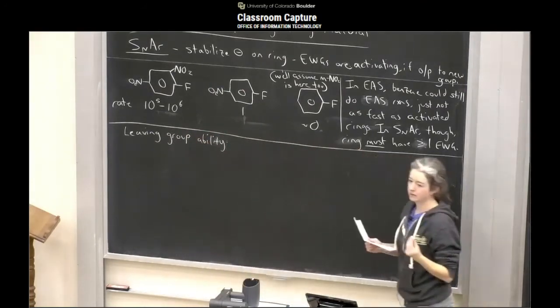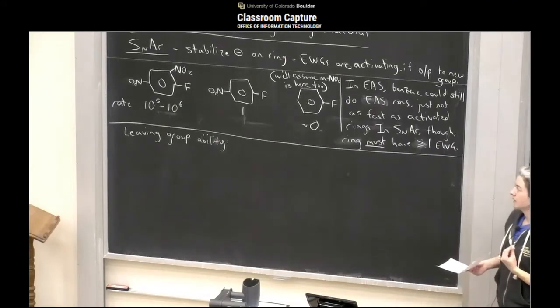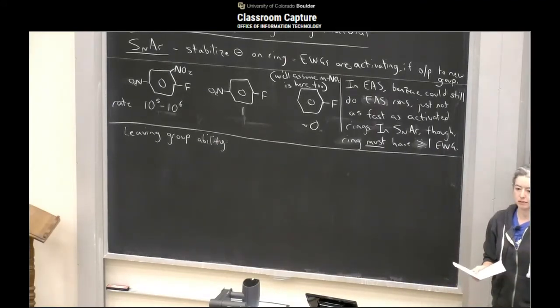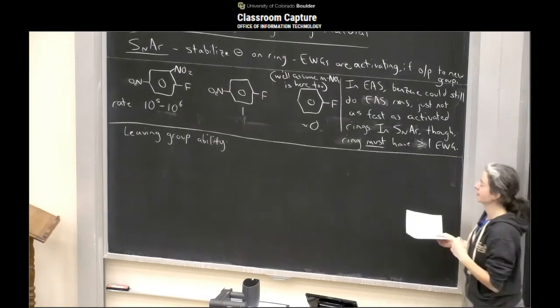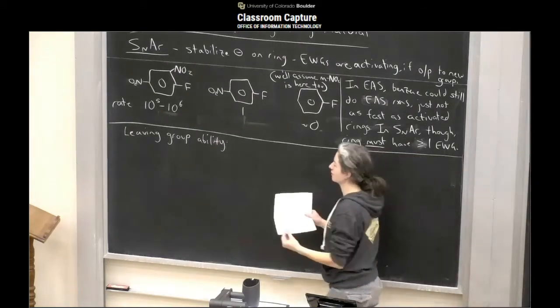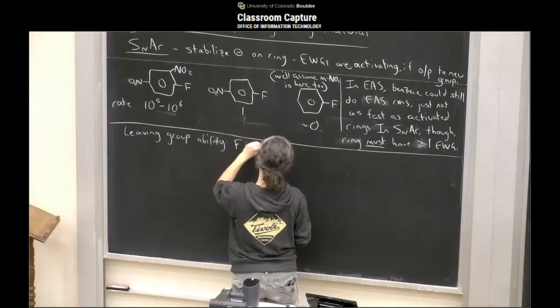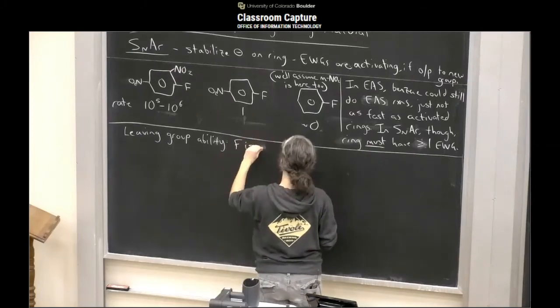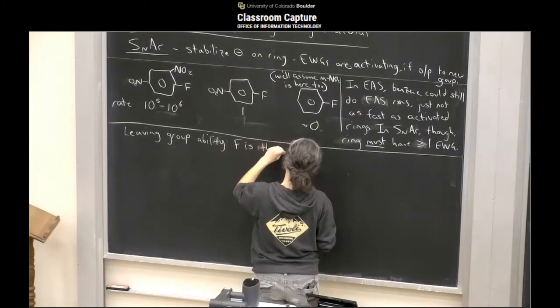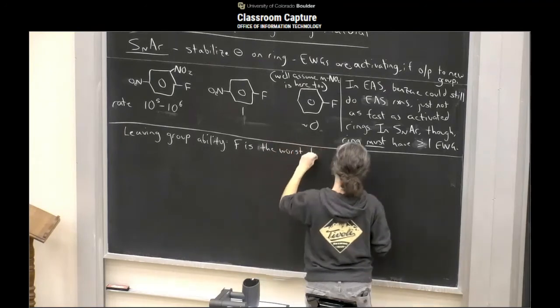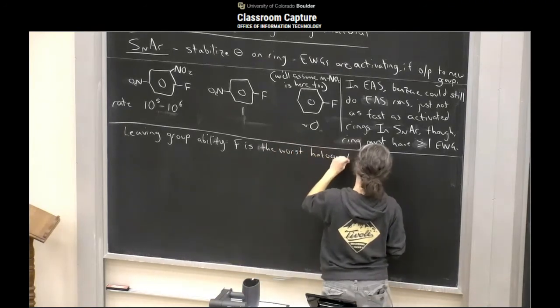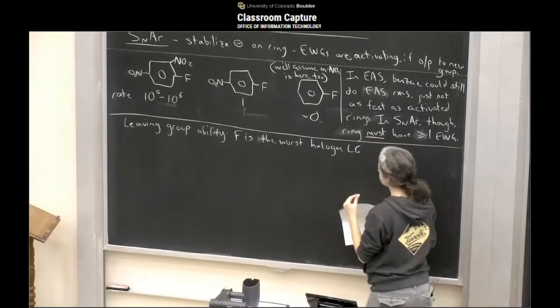When we looked at SN1 and SN2 before, how good was fluorine as a leaving group? Yeah, I see people shaking their heads. It's not. It's the worst of the leaving groups, out of all the halogens at least.